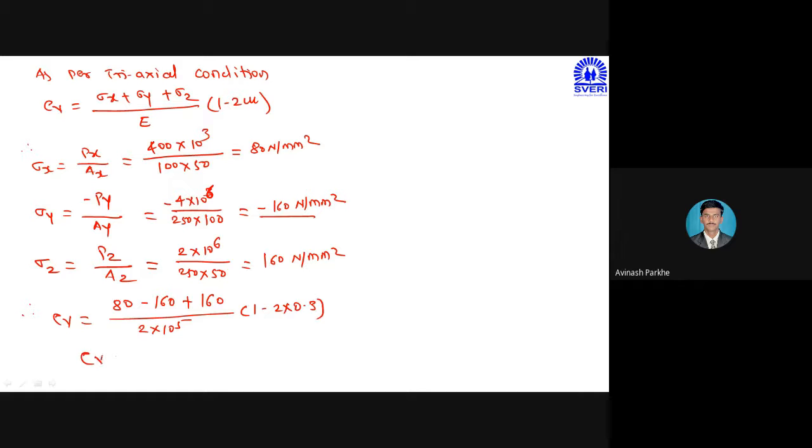So volumetric strain is equal to how much? 1.6 into 10 raised to minus 4. So this is the volumetric strain. Then we can calculate the change in volume. EV is equal to change in volume upon original volume.